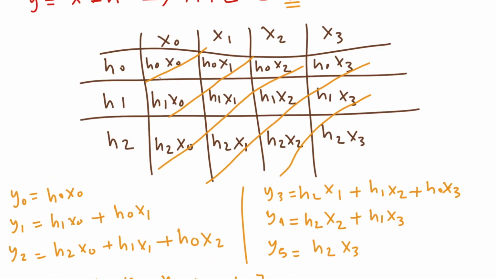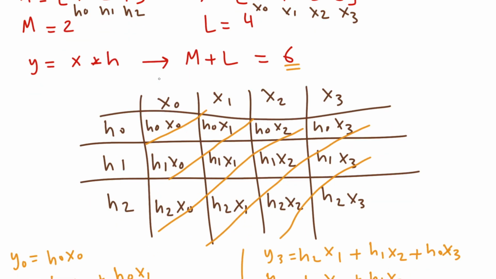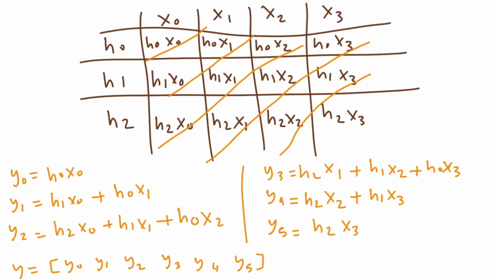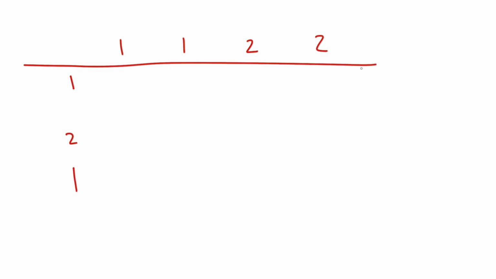Let's make another table with the values of x, which are 1, 1, 2, 2, and the values of h, the filter, 1, 2, 1.